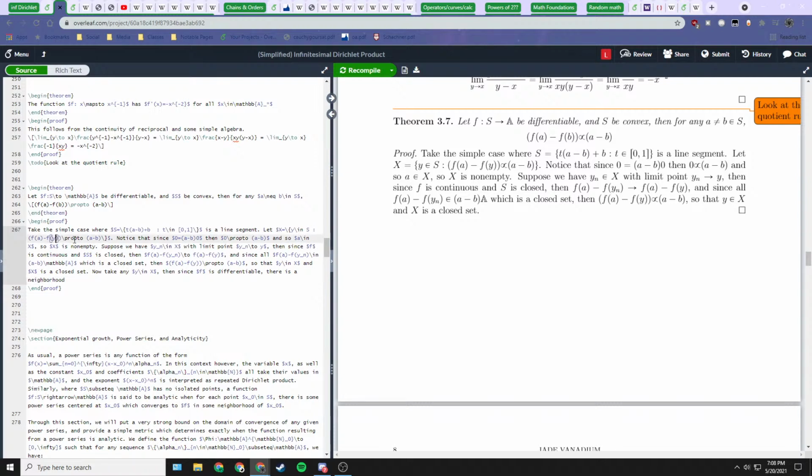So instead of y, we can just use x. Let me change this variable name so it's a little more consistent.